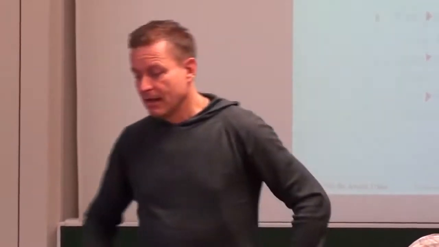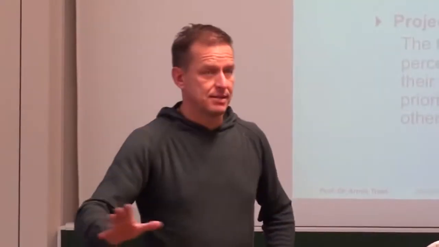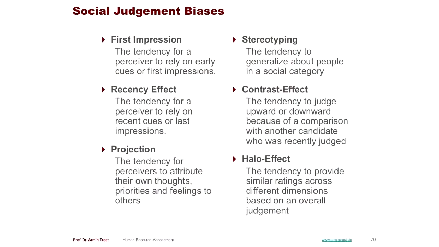So let's have a look at some biases. And this is really important. When a human being makes a judgment about another human being, some typical biases occur, biases that lead maybe to wrong judgments.